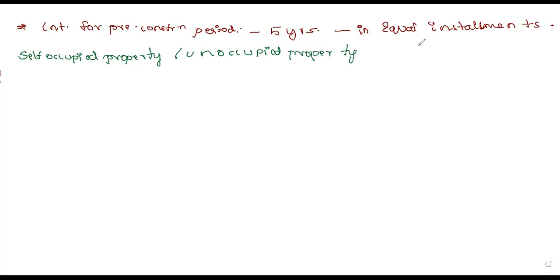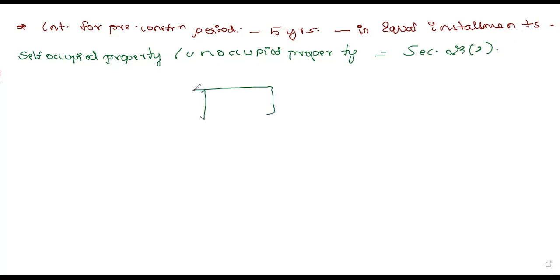This comes under Section 23, subsection 2. So what does this section tell you? What is a self-occupied property and what is an unoccupied property? If you occupy the property, we call it a self-occupied property.